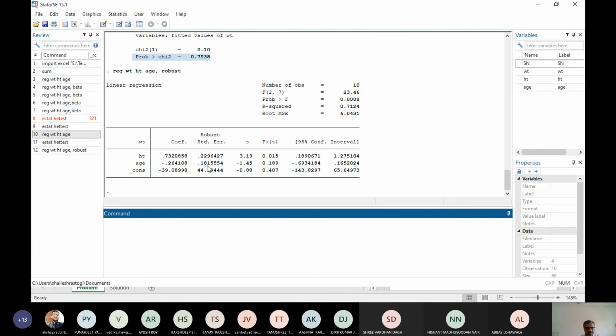Since there is no problem here, there is no point in running the model with robust estimation. But had there been a problem of heteroscedasticity, we could have estimated the model with this robust option. The robust option corrects the problem of heteroscedasticity and autocorrelation. But there should be a problem; only then do we need to apply the solution.